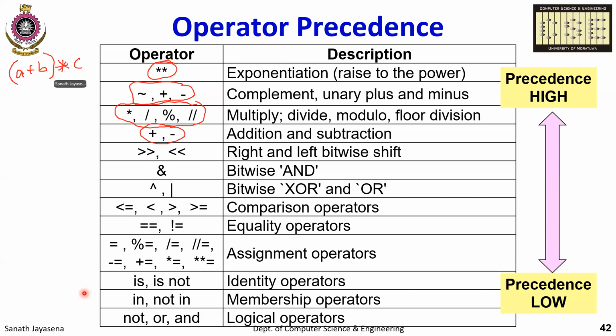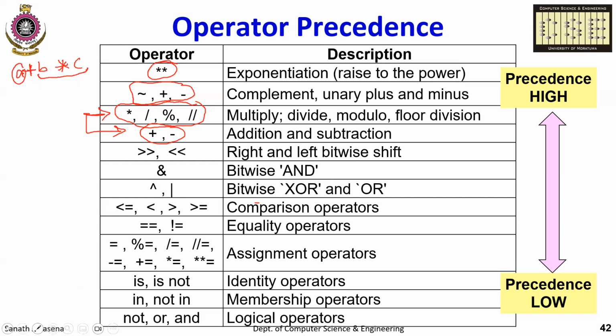If you don't use parentheses, according to this table, this has higher precedence than this. So B star C will happen first, because multiplication has higher precedence than plus, and the result will be added to A later, right? So that's what I mean by precedence.